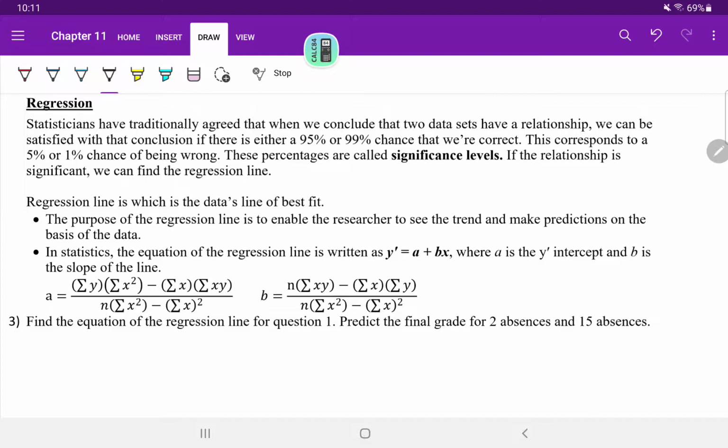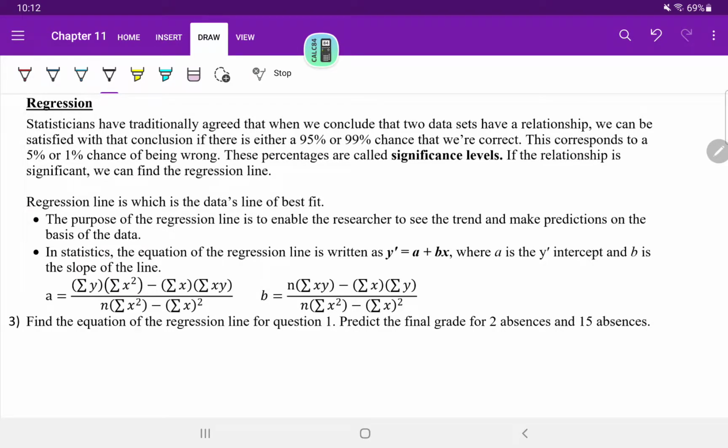Statisticians have traditionally agreed that when we conclude that two data sets have a relationship, we can be satisfied with the conclusion that there is either a 95% or a 99% chance that we are correct. We call this our percentage of confidence.